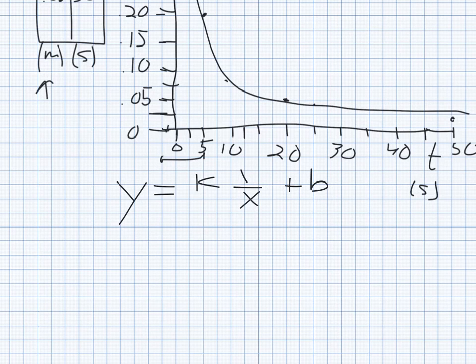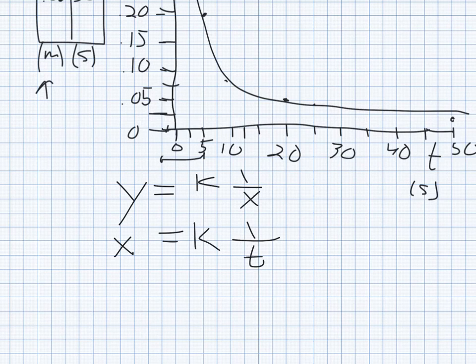Actually, I don't know if there's an intercept. I think hyperbolic functions don't intercept. Let's just get rid of the b. This is a k times 1 over x function. There you go. And in our case, the y value was position, equal to k times 1 over the x value, which was time.